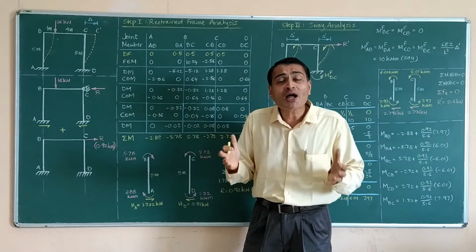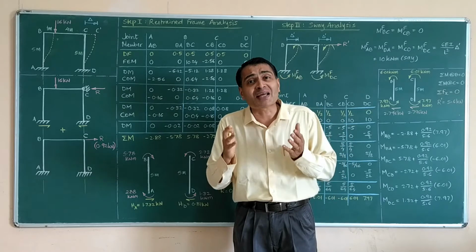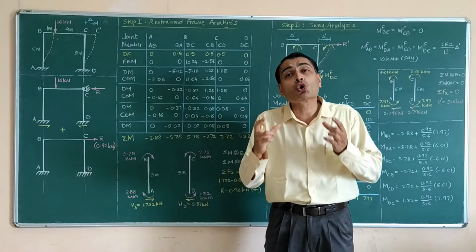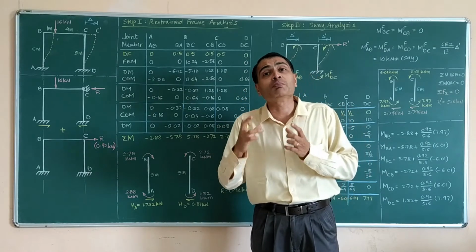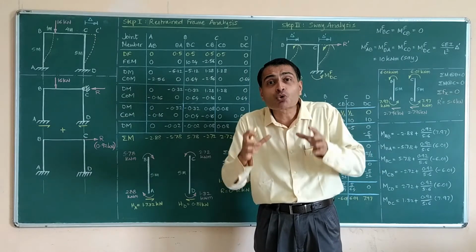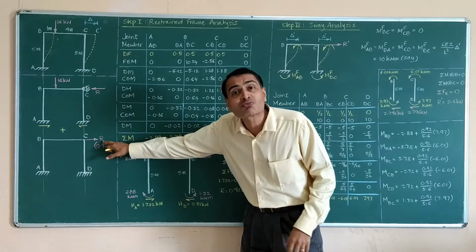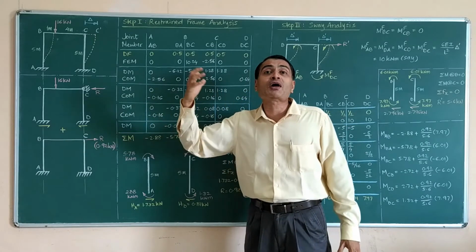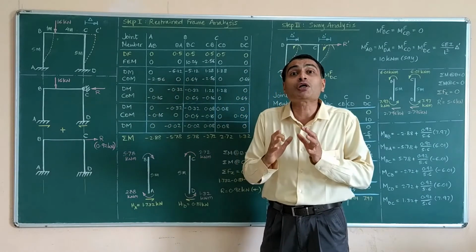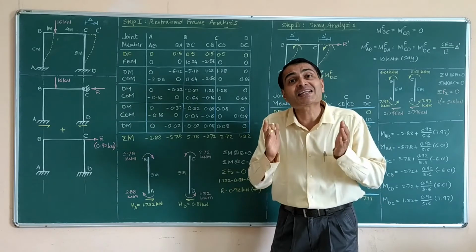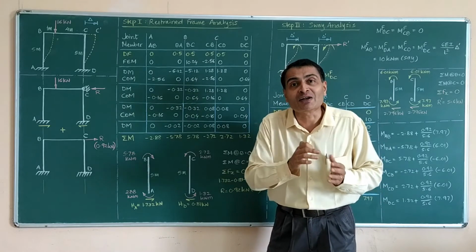We do have a few standard expressions for solo members, one column or one beam. But when it comes to a complete structure, and you know how much is this force, and you want to find how much is delta, that is not directly possible, that can be done indirectly.